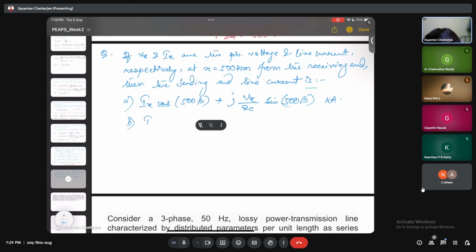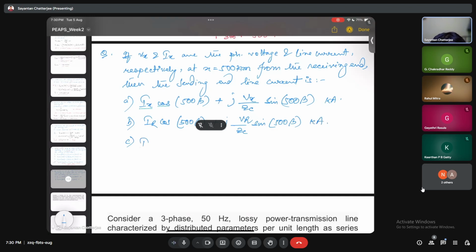Option B is IR cos 500 beta plus j Vr by Zc sin 500 beta.